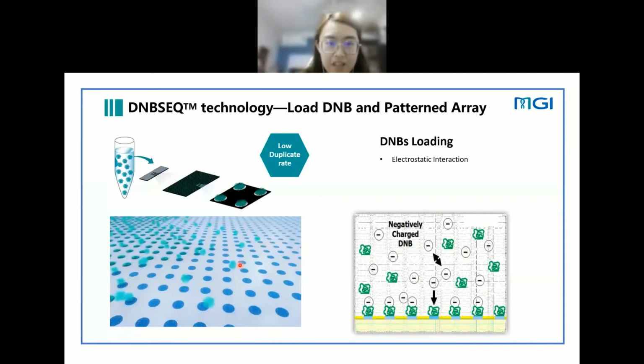Each of the DNBs will be attached to each of the spots on the flow cell. They have a specific diameter and specific distance between each other, depending on which flow cell we are using. They are attracted to the flow cell through electrostatic interaction. The DNBs are negatively charged, while the spots on the flow cell are positively charged.